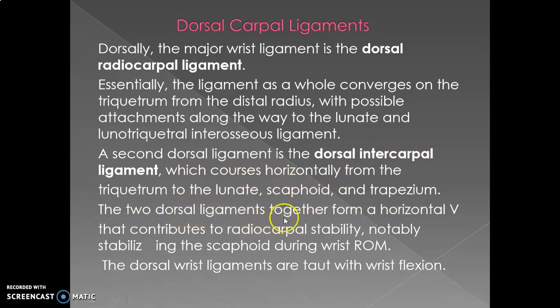The two dorsal ligaments together form a horizontal V that contributes to radiocarpal stability, notably stabilizing the scaphoid during wrist range of motion. The dorsal wrist ligaments are taut with wrist flexion. The dorsal ligaments will be tight when the wrist goes into flexion, and the volar ligaments will be taut when the wrist goes into extension.